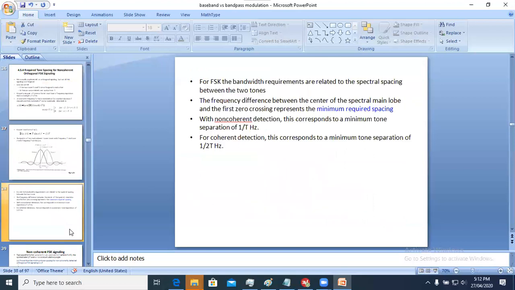The bandwidth in this case depends on the frequency spacing. For non-coherent detection, the minimum tone spacing is 1 by T hertz, and for coherent detection, that would be 1 by 2T hertz.